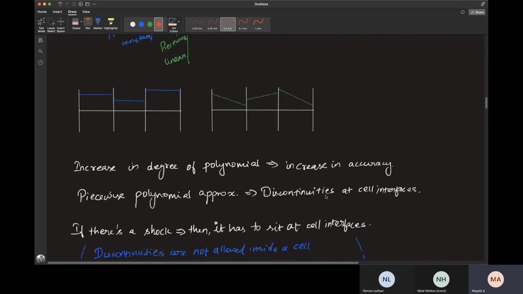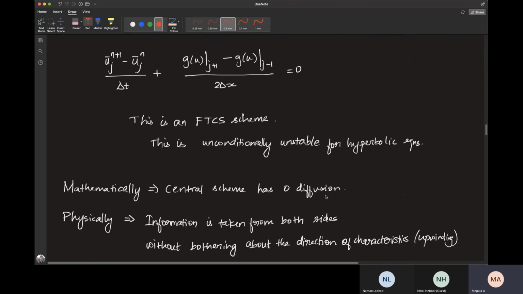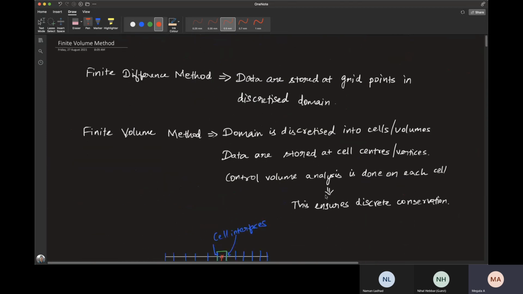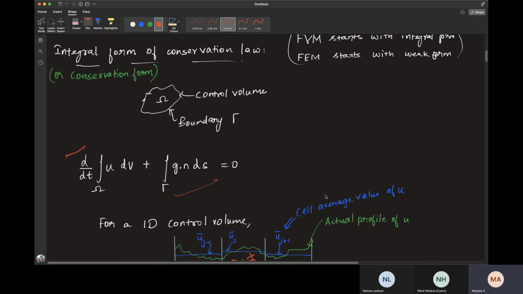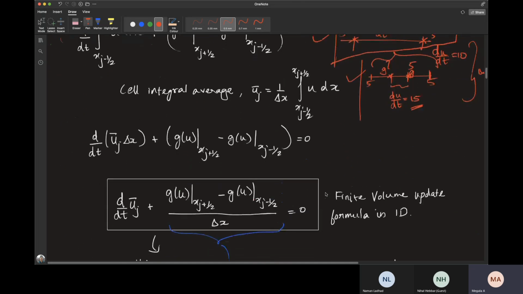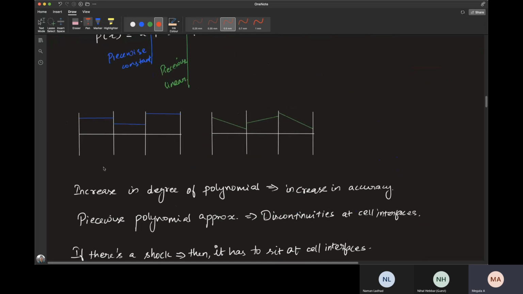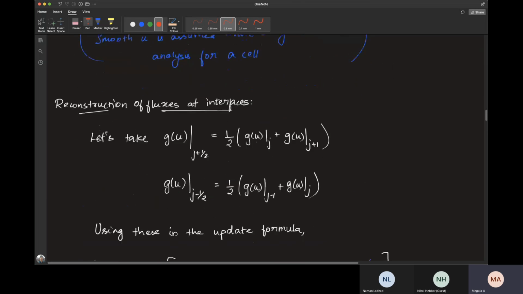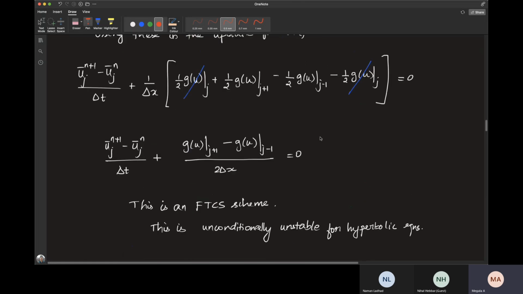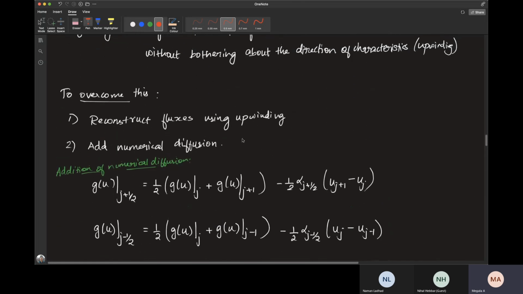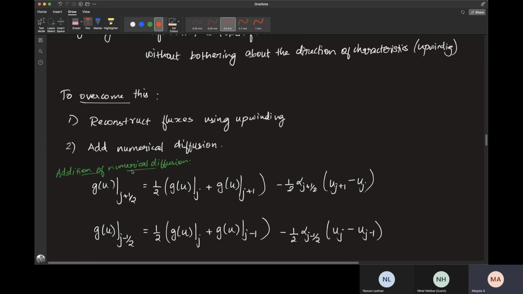So now that we are in the finite volume method, we have just gone through some of the technicalities of the finite volume method, like the integral form. Then we went to piecewise polynomial approximation, wherein you take your value of u at the cell centers only, and you do either piecewise constant or piecewise linear approximation. Then we talked about reconstruction of fluxes, and there we saw adding numerical diffusion as one approach and upwinding as the other.